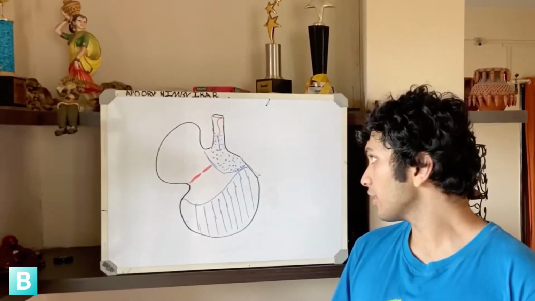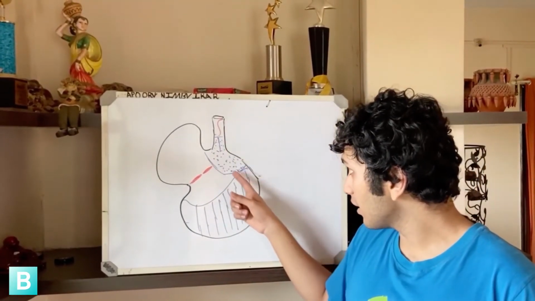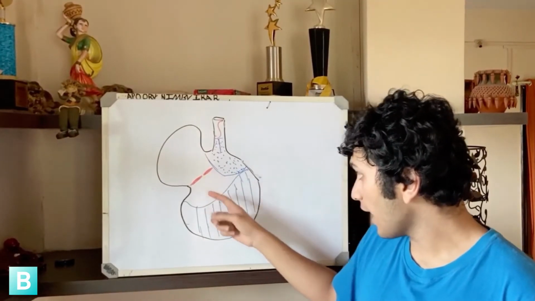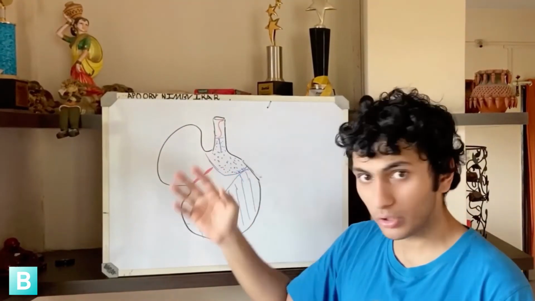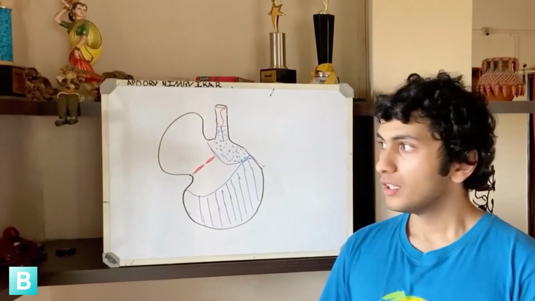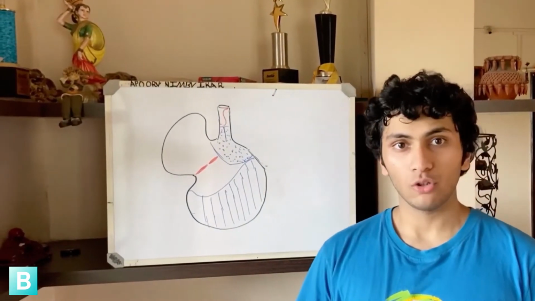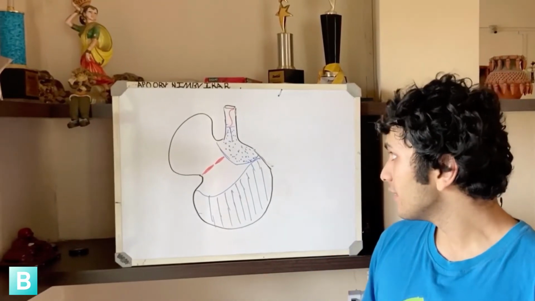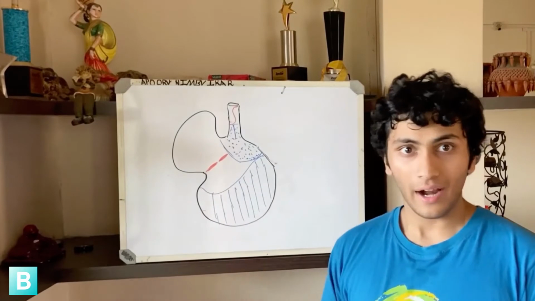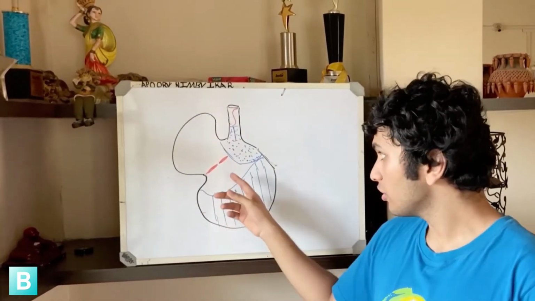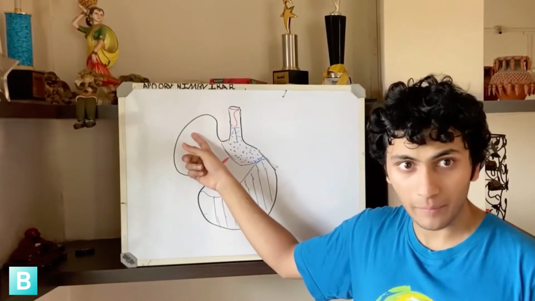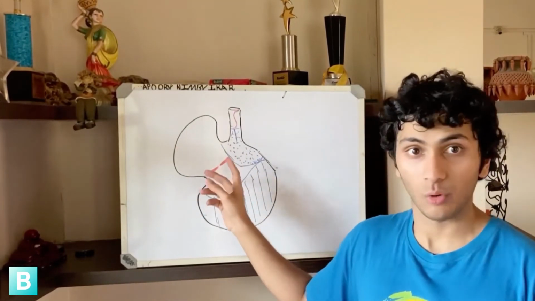So the proliferation from the bulbar septum, the endocardial cushions and the muscular septum together will form the interventricular septum. Now a word about the endocardial cushions. As I said, they are located at the atrioventricular canal and they contribute to the formation of the interventricular septum, the interatrial septum, as well as the heart valves.